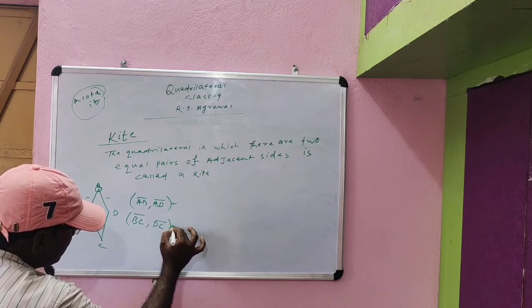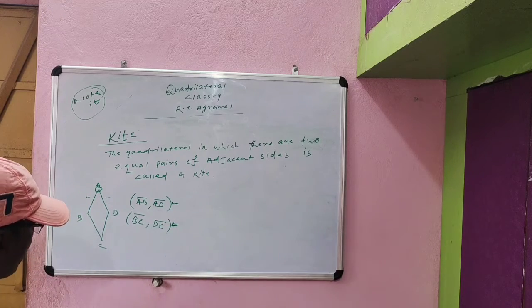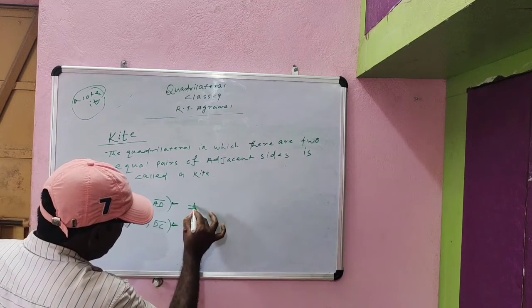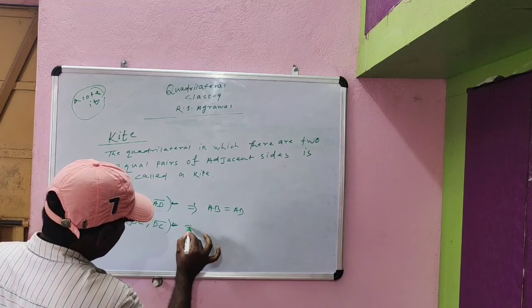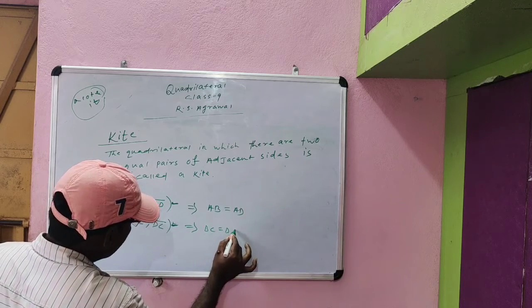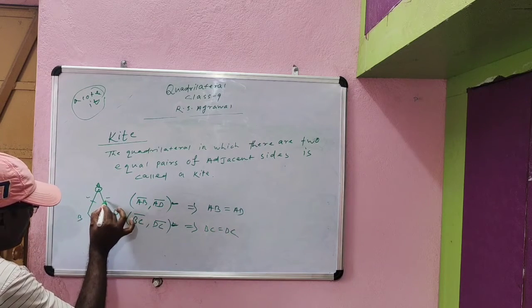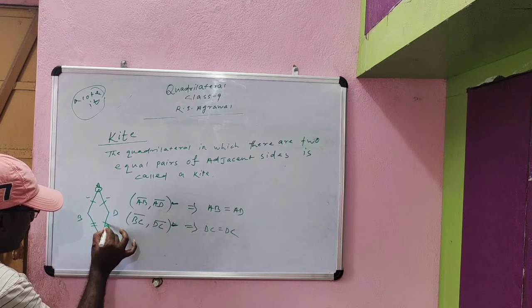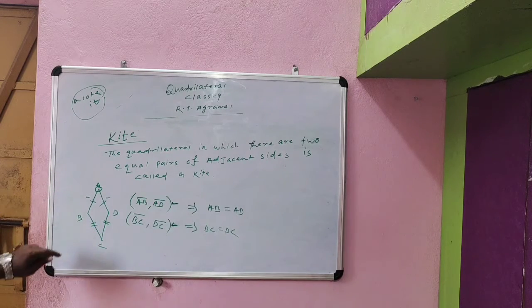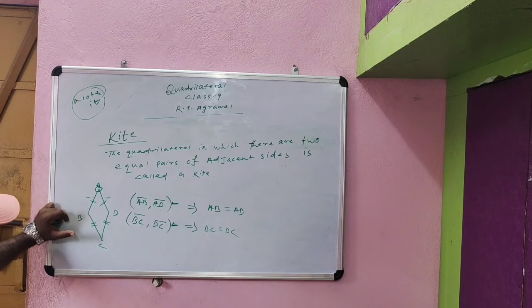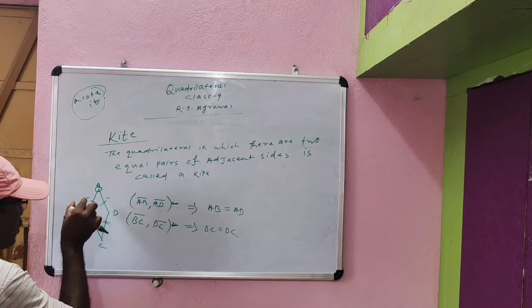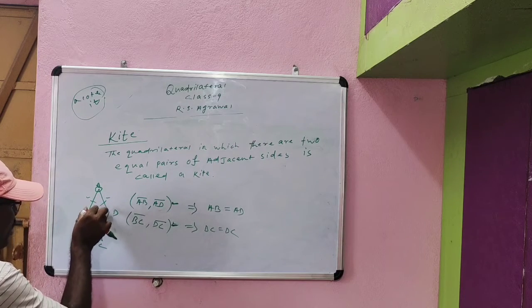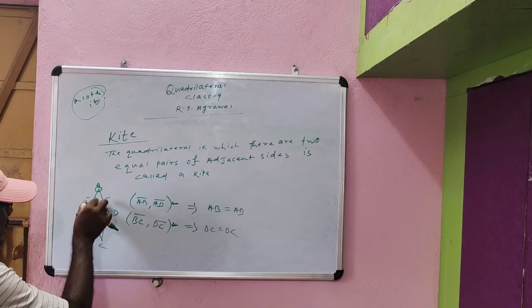These two pairs are equal. It means AB is equal to AD, BC is equal to DC. Here we see that the two pairs of adjacent sides are equal. Therefore, it is called a kite.